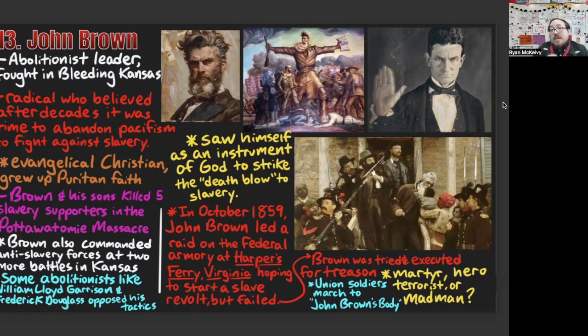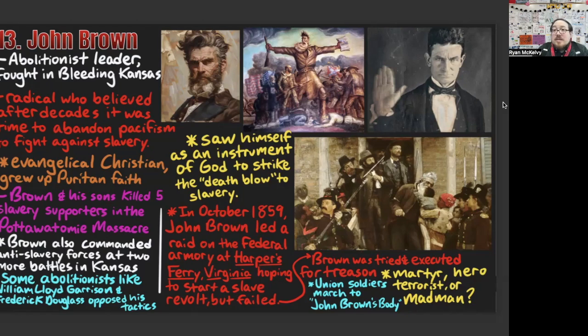Small groups, but again, on the opposite side, you have pro-slavery groups that are also killing people and attacking people, and so they are not only defending themselves but also carrying out this violence as well. And he will be involved in three different battles in Kansas.